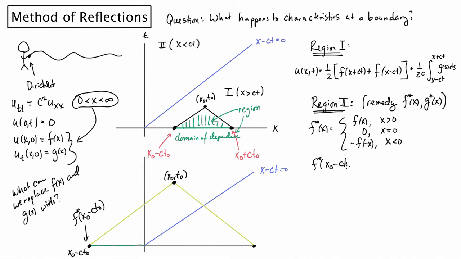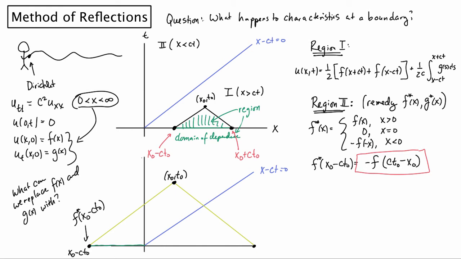F of x naught minus ct naught is equivalent to negative f of, so look at how it's defined since x naught minus ct naught is less than 0, the odd extension is defined as the negative of the original function, which we actually know something about, at minus x. So reverse this, it should be ct naught minus x naught. And here's the point, we know all about this function. We can actually calculate that value.